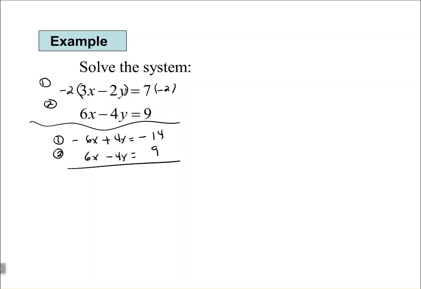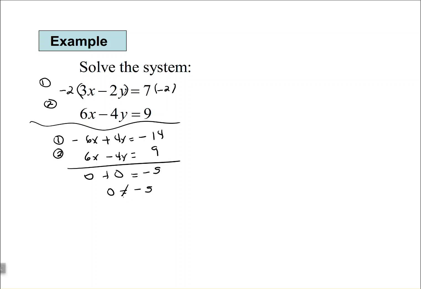All right, so now remember, after we make those variables have opposite coefficients, we add the two equations together. If I add negative 6x plus 6x, that's 0. If I add positive 4y minus 4y, that's 0. So I end up with 0 equals negative 5, which is not a true statement, and my variables are gone. So if you have a situation where both of your variables cancel completely out, then you have a special solution, first of all.